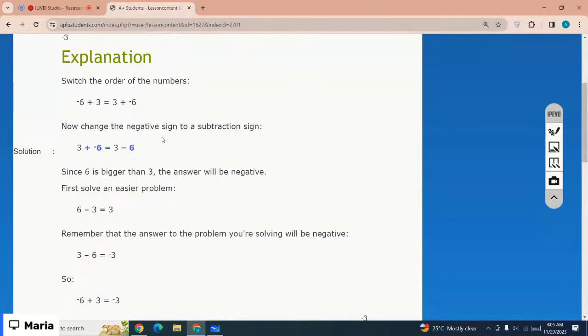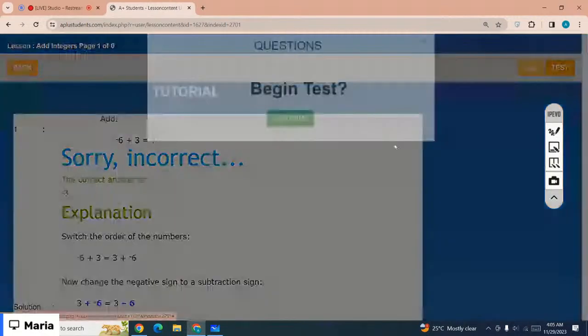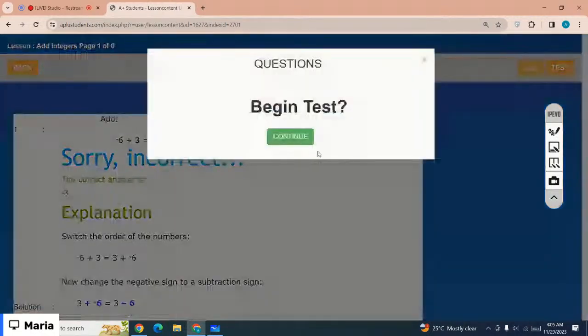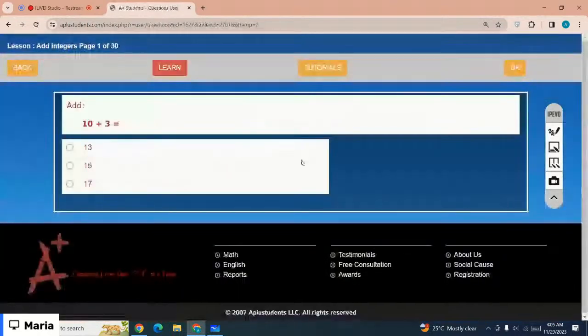Let's just start with the test question. Okay, the first one is 10 plus 3. Both the numbers are positive.